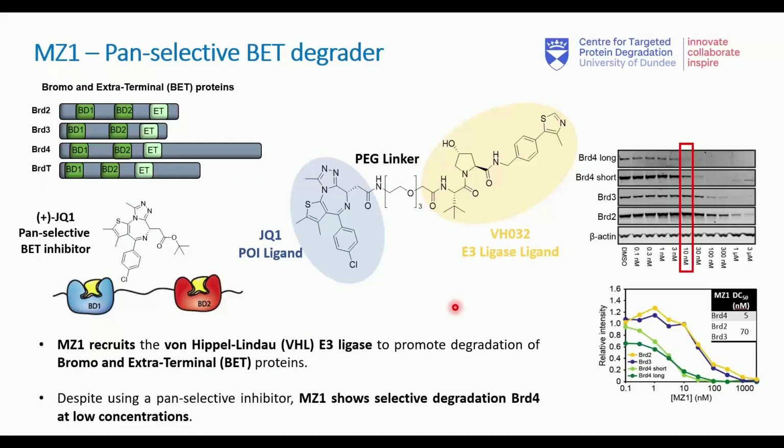And what's also interesting is, despite using this pan-selective inhibitor, which has more or less equal binding affinities to both bromodomains, we can see that at low concentrations we are getting selective degradation for one over the other. And this was really the first time that we started seeing selectivity induced from a PROTAC when using a pan-selective inhibitor.